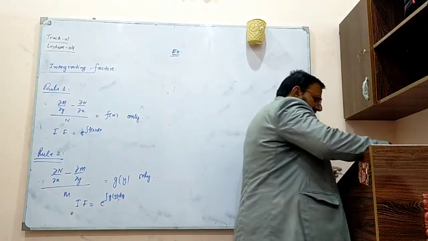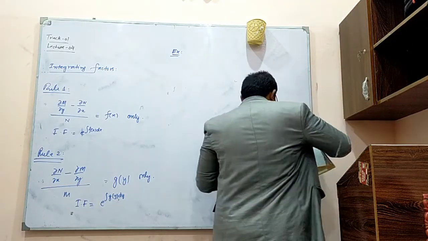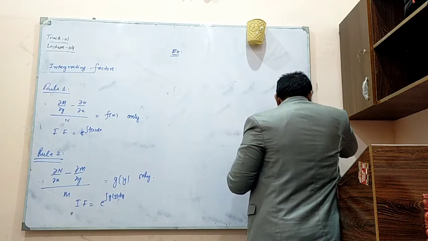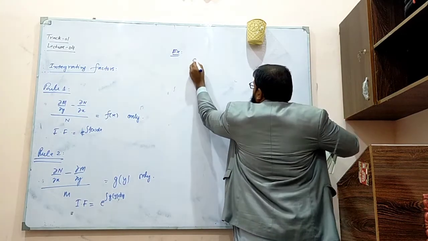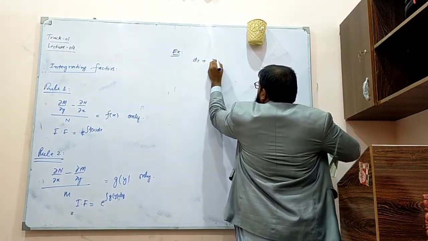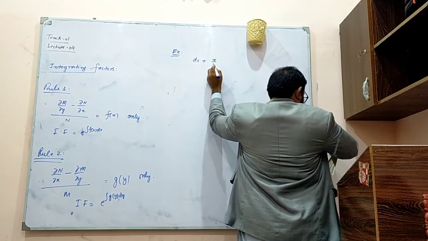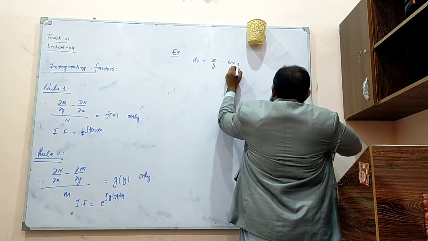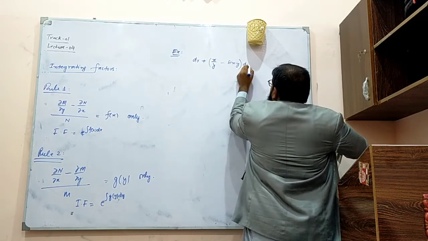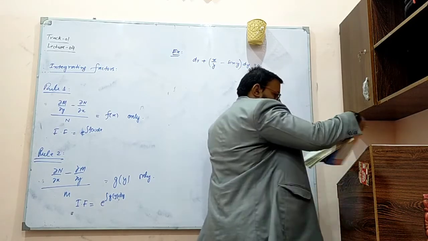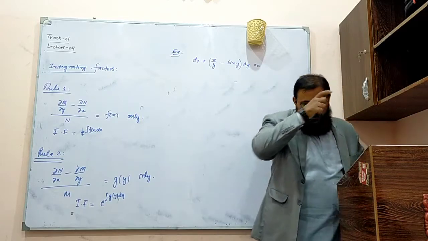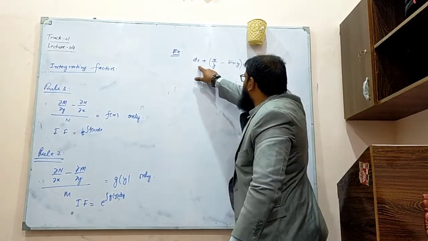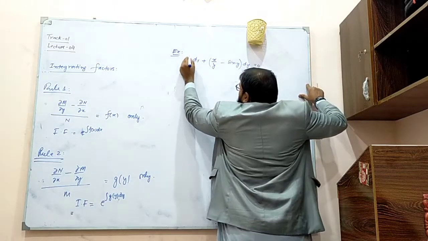So the example is, let's take dx plus (x over y minus sin y) dy equals 0. What is the coefficient of dx? That's 1.